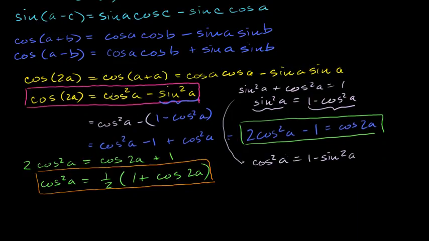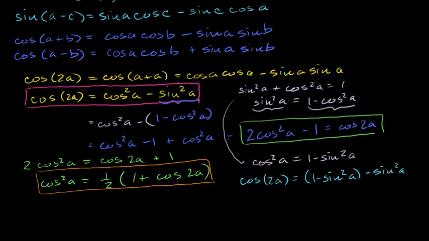And then we could go back into this formula right up here, and I'll do it in this blue color. We could write down that the cosine of 2a is equal to, instead of writing the cosine squared of a, 1 minus sine squared of a, minus sine squared of a.